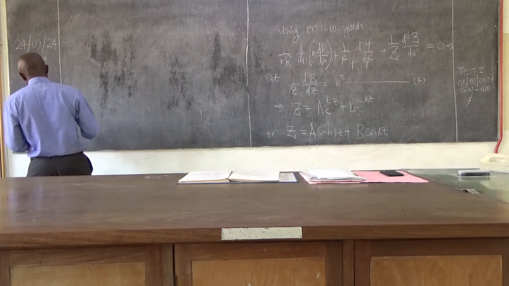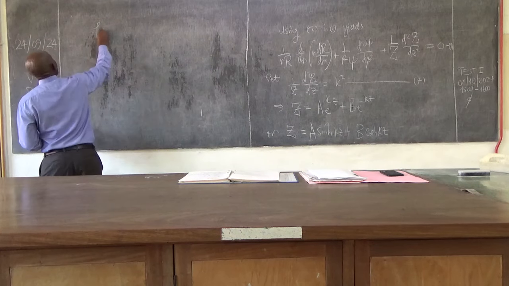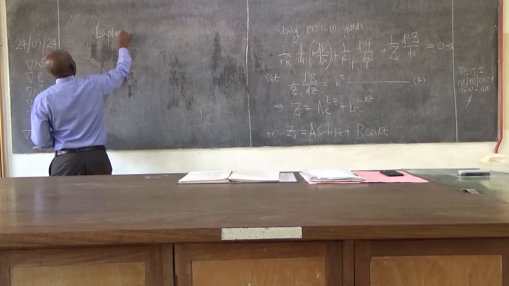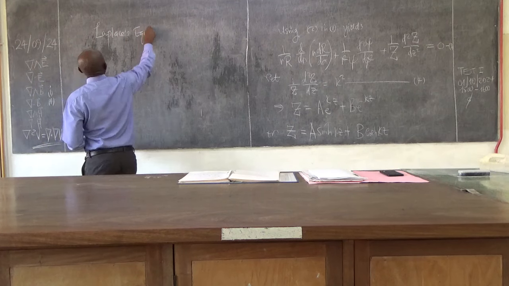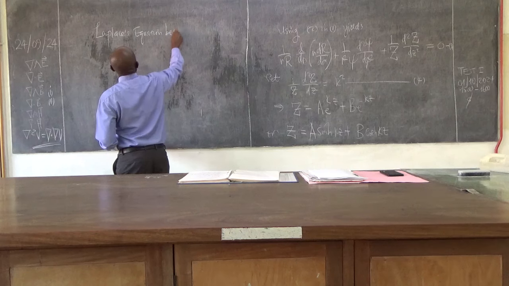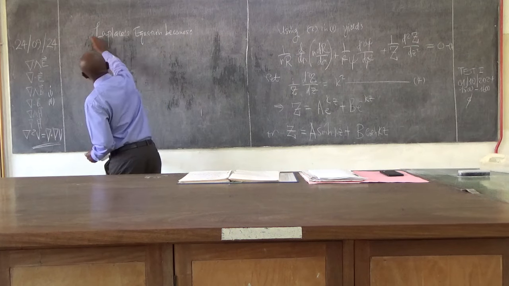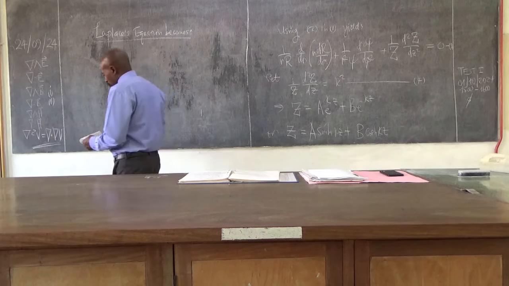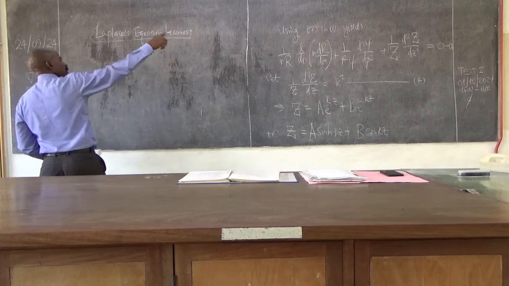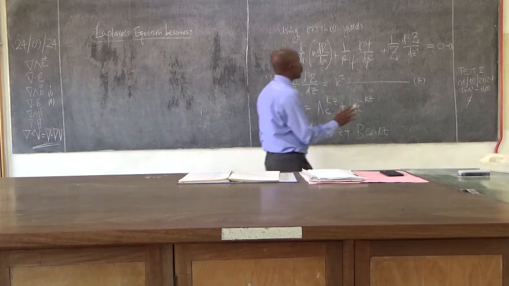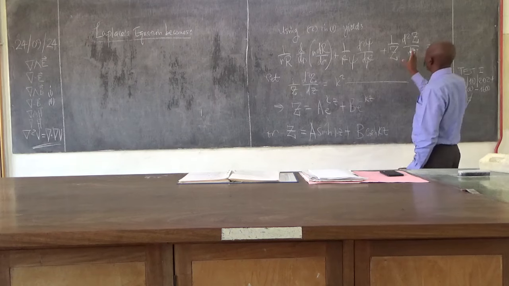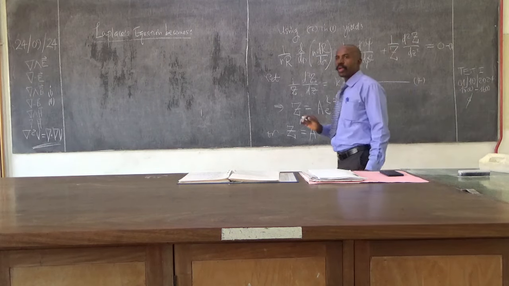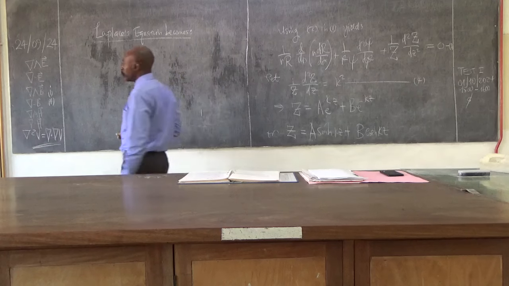So Laplace's equation becomes, we have set, because this is separated completely. There is no other variable here. That's why we easily get k squared.